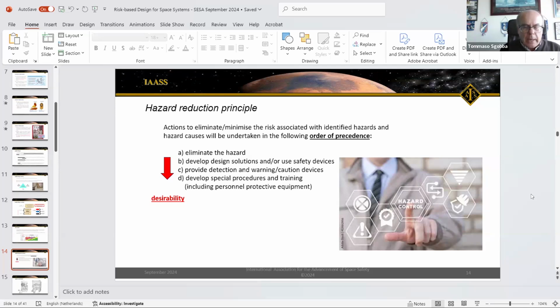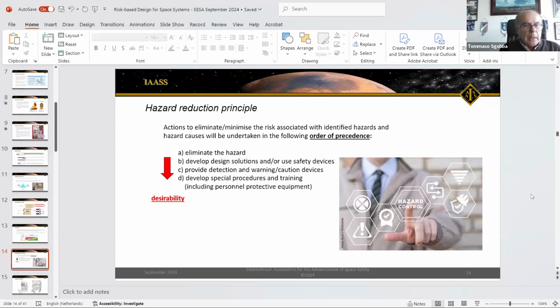You reach a certain level of safety, and there is a level of desirability in the action that you take to reduce, mitigate a hazard. Of course, ideally, the best is to eliminate the hazard, but sometimes eliminating the hazard means also to lose the function, which is essential for your system, for your equipment. So this is something that can happen, but very rarely.